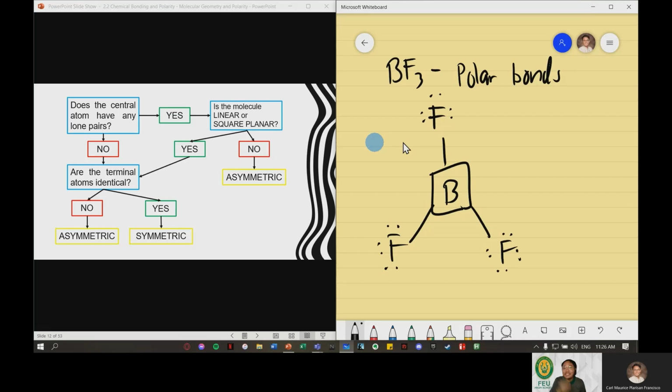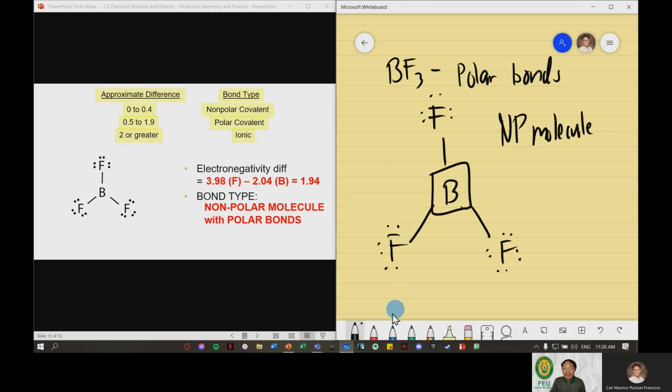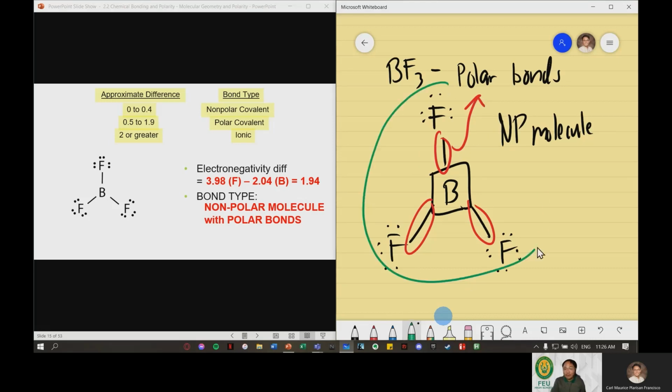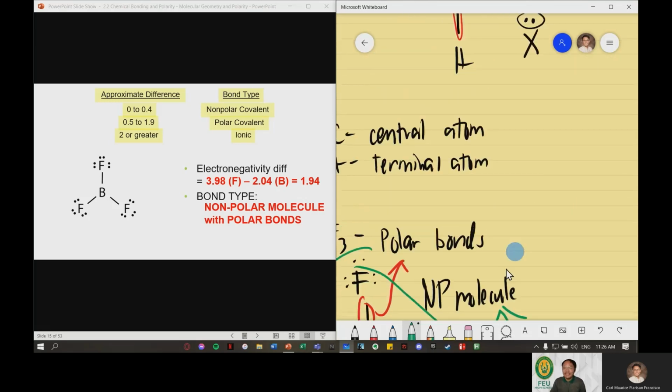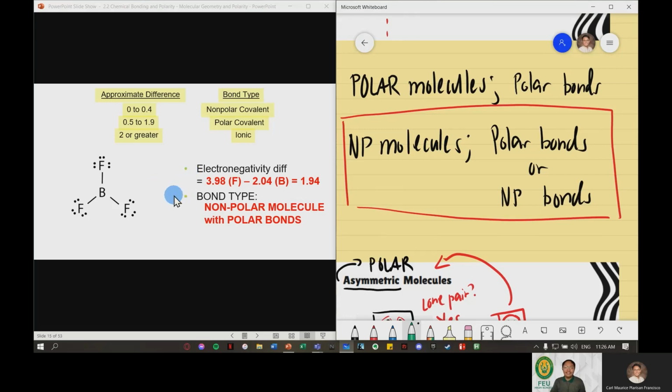At naalala natin, kapag symmetric ang hugis, ito po ay nonpolar molecule. Ibig sabihin, ang kanyang mga bonding base sa electronegativity difference ay polar bond, habang ang kabuuan ay nonpolar molecule. So hopefully that was easily understood, as I'm making a case that nonpolar molecules such as boron trifluoride can have polar bonds.